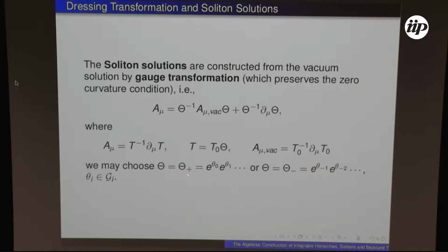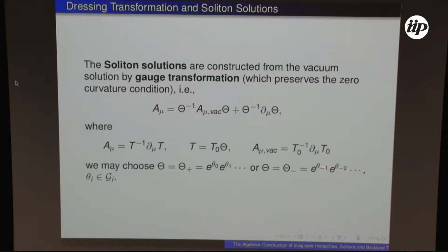So if your ansatz is theta plus as a product of positive grade generators, and then you plug it into this equation, you can solve grade by grade for the thetas.